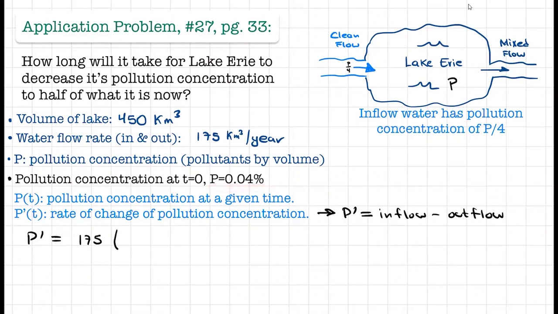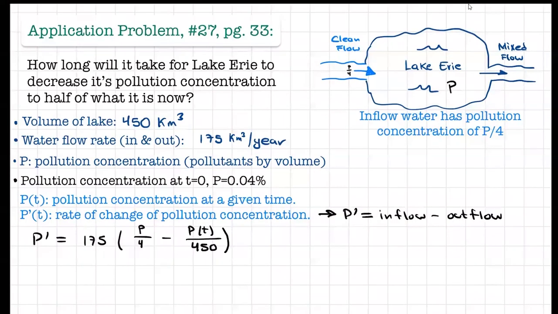So we need to multiply that 175 times the amount of pollution coming in, which is about a fourth of what it is right now, minus the amount of pollution at any given time over the whole volume of 450 cubic kilometers.